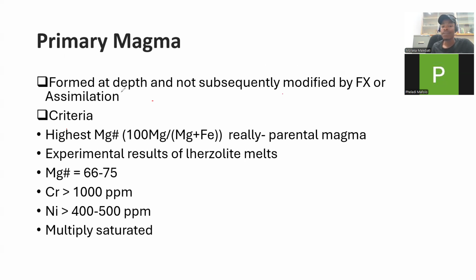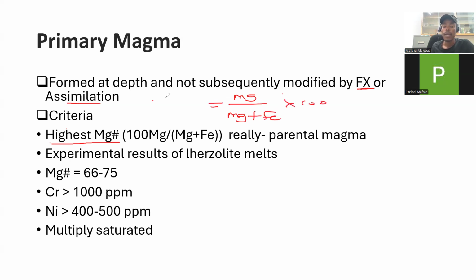obviously formed at greater depth, okay? And then that magma must not undergo modification by either fractional crystallization, assimilation, or magma mixing. That's what I said. And then you have the highest magnesium number, wherein we've got magnesium divided by magnesium plus iron, multiplied by 100.